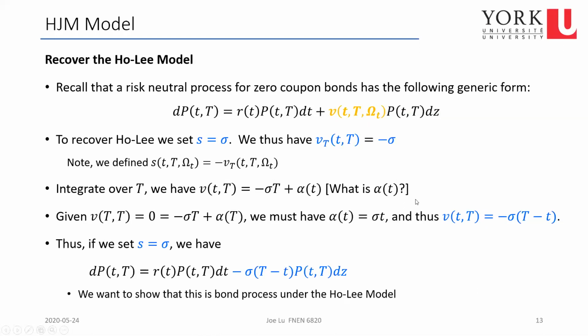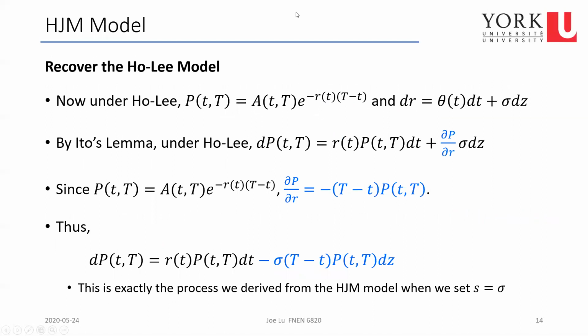Okay. So what we have here is just a generic process for bonds under risk neutral. Well, under the Ho-Lee model, we know the price of a zero coupon bond must take this particular form.